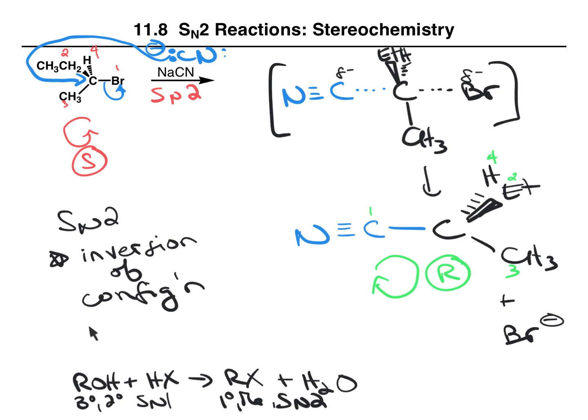So inversion of configuration, this is an important consequence of this concerted reaction. Because the bond forming and bond breaking are happening at the same time, the nucleophile has to approach from the back side of the carbon opposite the bromine, and then that's what leads to the inversion of configuration. So by understanding the mechanism, you can understand and predict the stereochemistry.